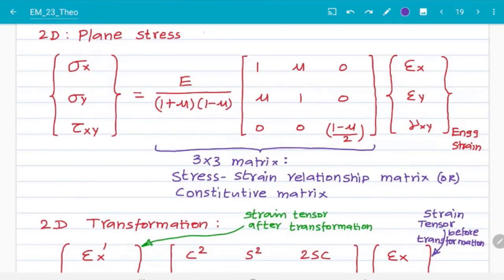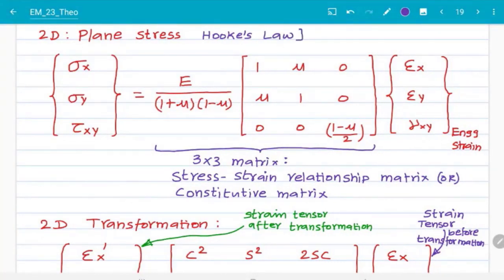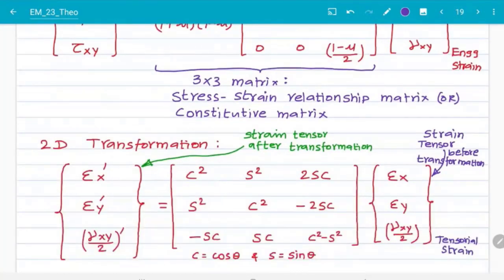This is Hooke's law. Actually, only in one dimension we call it Hooke's law. In case of 2D, we call it a constitutive equation. Just for understanding purposes, we write it as Hooke's law, 2D Hooke's law. Then it is the Mohr circle.